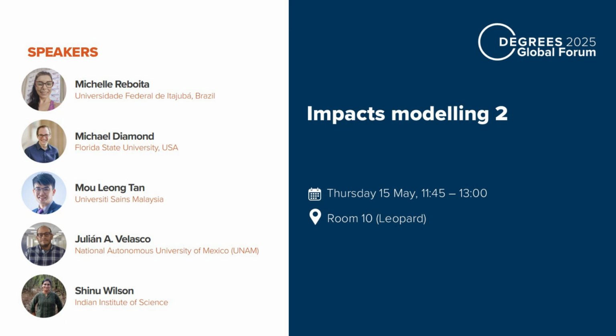I have two questions, and they're totally separate. One is for Leong, and the other one is for Julian. The first question is, I was checking your heat wave counts, and you mentioned that there was an initial reduction in the beginning and then eventually increasing.